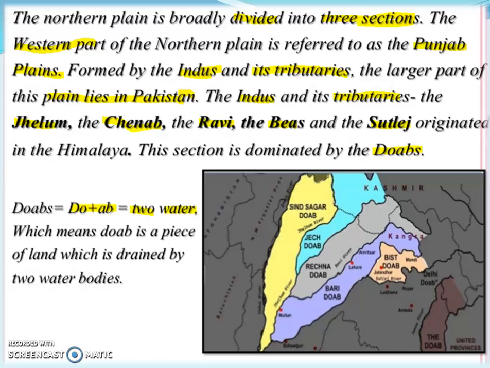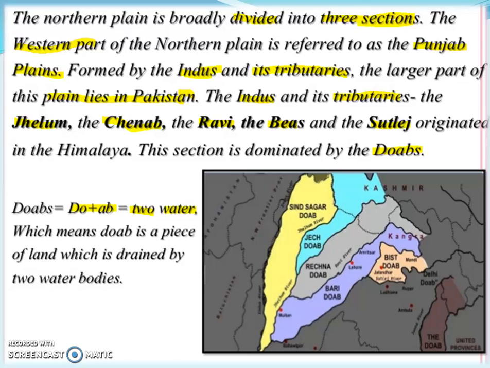Next, we have the divisions of the Northern Plains. First, the western part of the Northern Plains is known as the Punjab Plains. The Punjab Plain is between the Indus and its tributaries. A larger area of India and Pakistan, Punjab, is under the Punjab Plains.